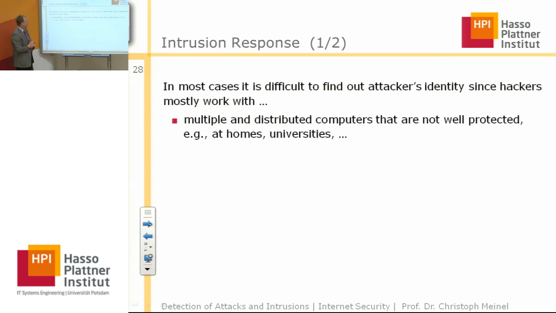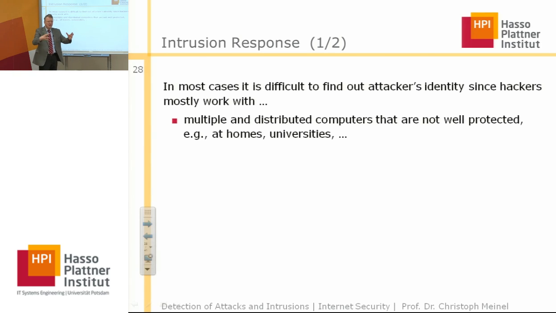Here are some ideas and some activities for intrusion responses. In most cases, it's difficult to find the attacker and to find the identity of the attacker. The reason is that the attacker mostly works with multiple distributed computers that are not well connected. Often attacks are run by means of botnets.